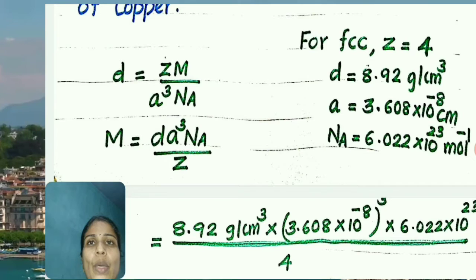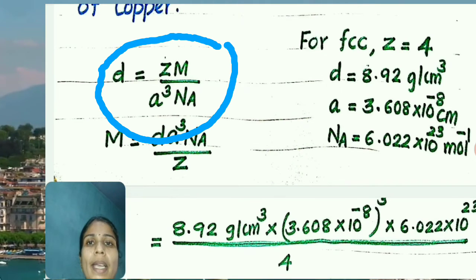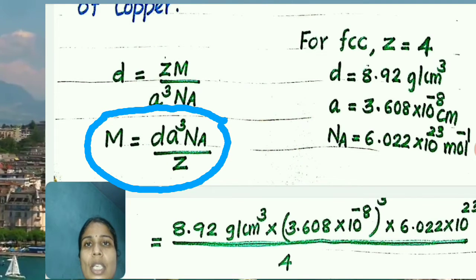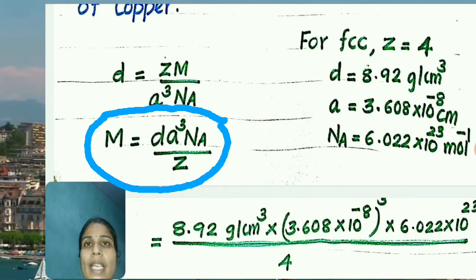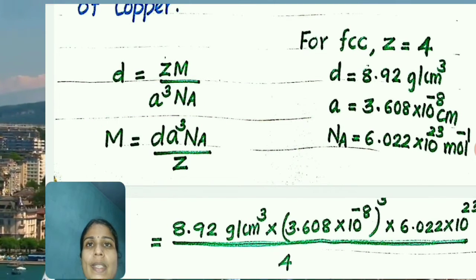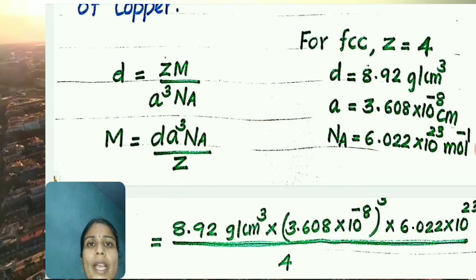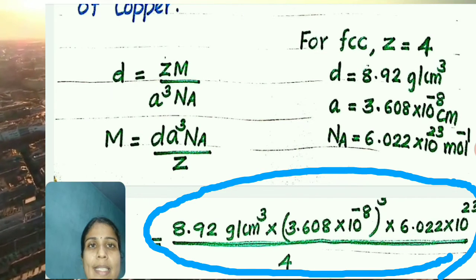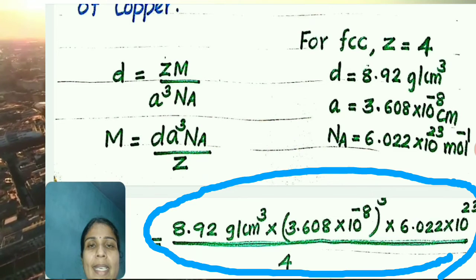Then you know equation density is equal to ZM by A cube Na. From this equation we can write M is equal to D A cube Na divided by Z. Then on substituting the values, here D is 8.92 gram per centimeter cube into A is here 3.608 into 10 raised to minus 8 centimeter.